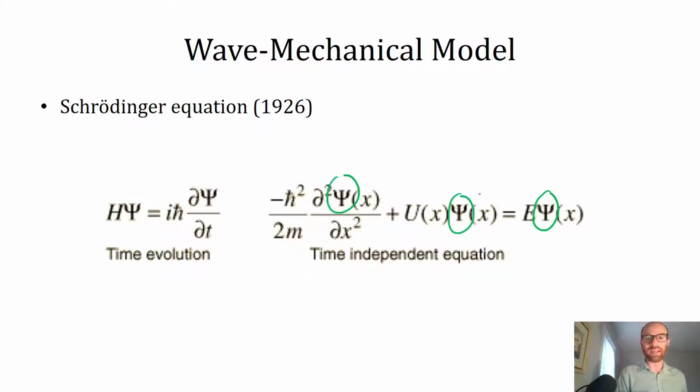This psi character is the wave function, the function that describes the properties of the wave that is the electron. And we have here x, which is a position, and then we have here u, which is energy. So all three are related. The function that describes how the wave behaves, the electron's energy, and its position are all related in this equation.